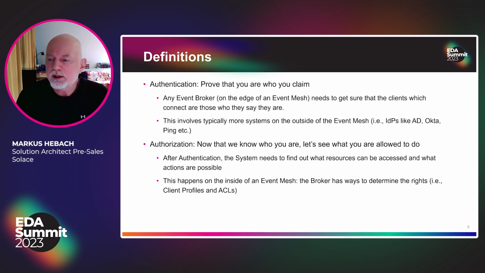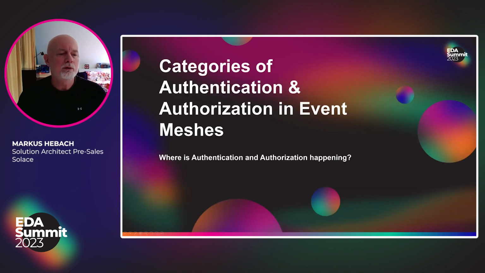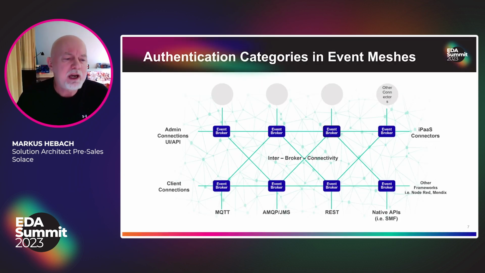So let's go to the categories. In the categories, I wanted to show what types of connections exist when you look at the mesh, from the outposts of a mesh.